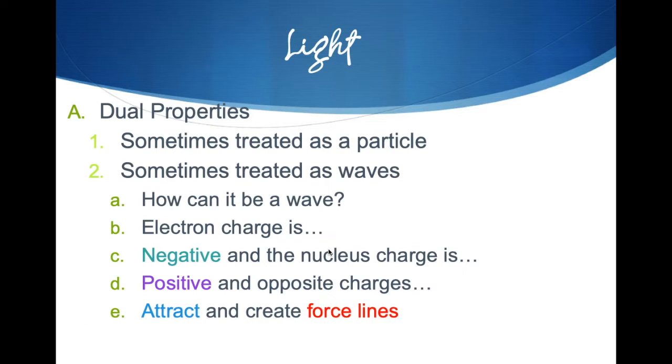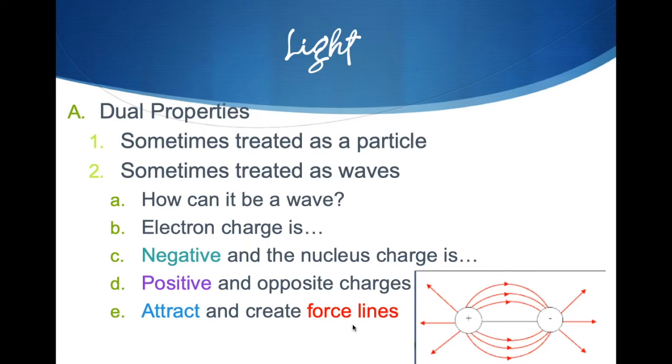And when you have that opposite charge of negative and positive, it creates something called force lines. And this is a visual representation of what force lines would look like. In fact, if you had a magnet and you sprinkled little pieces of magnet shavings around that magnet, you can actually see these circular patterned lines. So these force lines happen anytime you've got negative and positive charges or opposite charges attracting.